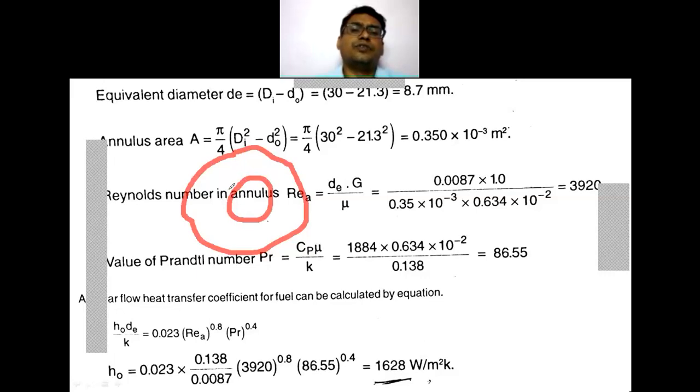That means the area which is available, this is the annulus area. Then the Reynolds number in the annulus is the equivalent diameter into the mass velocity upon the viscosity.